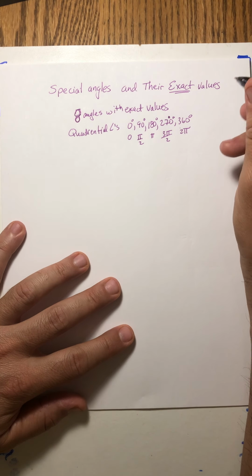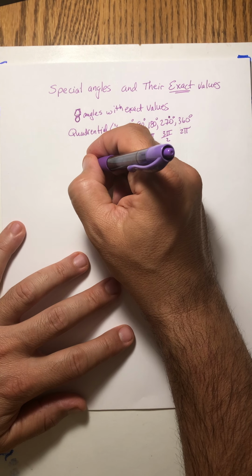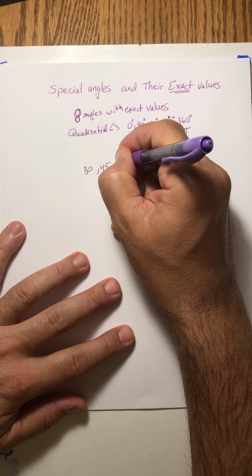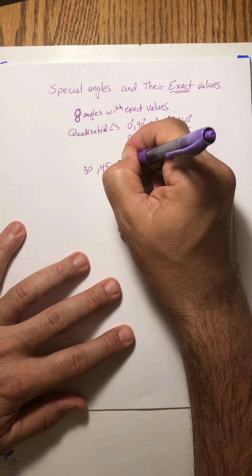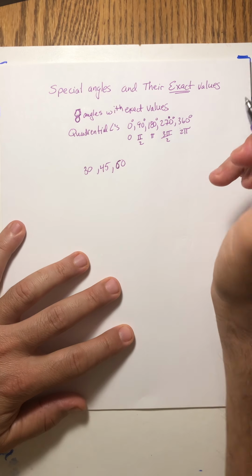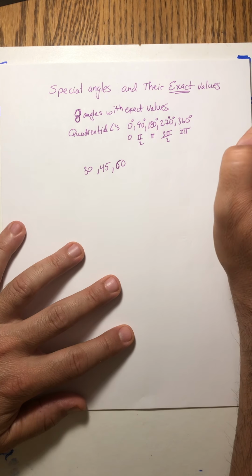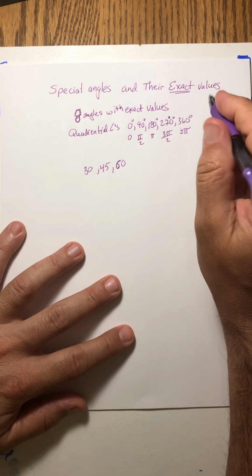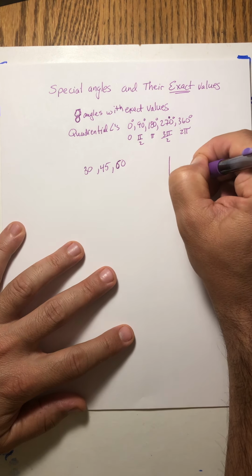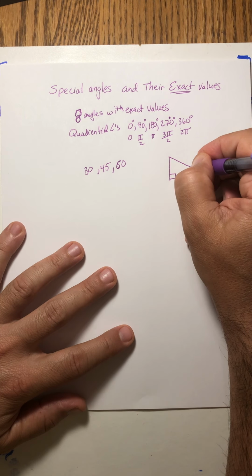Okay, the other three are your 30, your 45, and your 60. If you remember your Algebra 2, these you can get from the unit circle. Some of you memorize the unit circle. I like to teach memorizing special triangles. I have two special triangles.